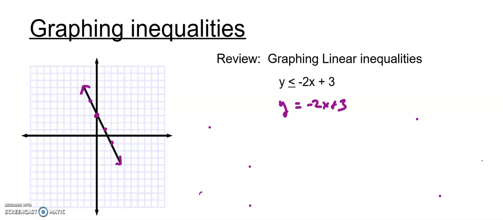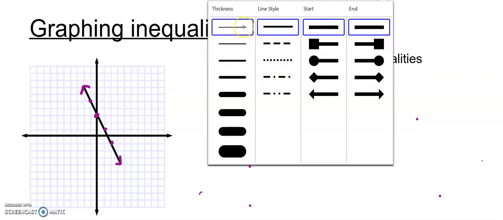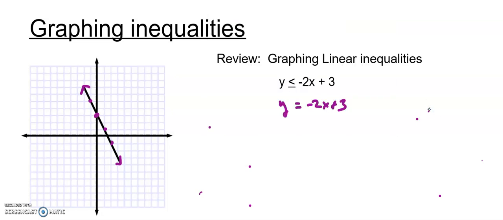But now what I need to do is graph other points as well. I want to graph points that satisfy the inequality part, the less than negative 2x plus 3. Well, at this point, probably what you learned was to pick a test value. And probably the most popular test value that you picked was the origin, (0, 0), just because doing math with 0 and 0 is really easy, right?